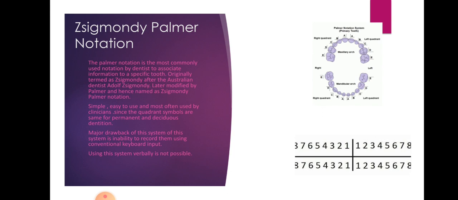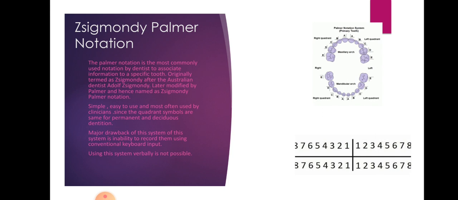This system is simple, easy to use, most often used by clinicians since the quadrant symbols are the same for the permanent and deciduous dentition. The major drawback is the inability to record it in conventional keyboard input. Verbally it is not possible to use this system. So each system has its own advantages and disadvantages, as I said before.